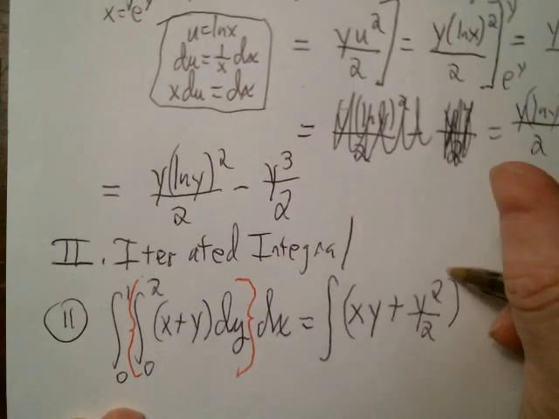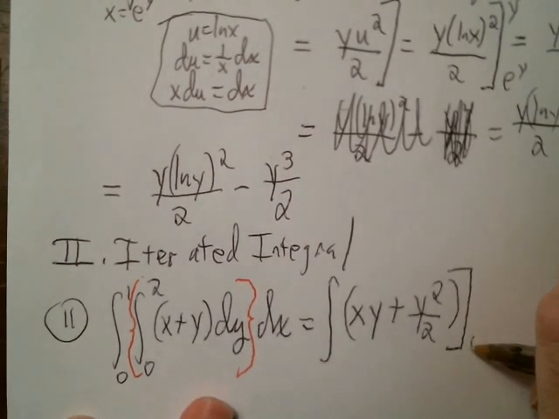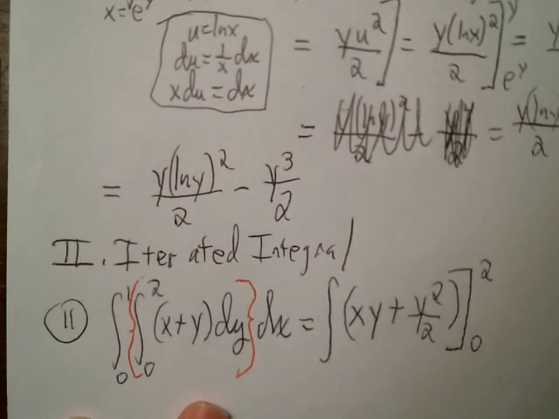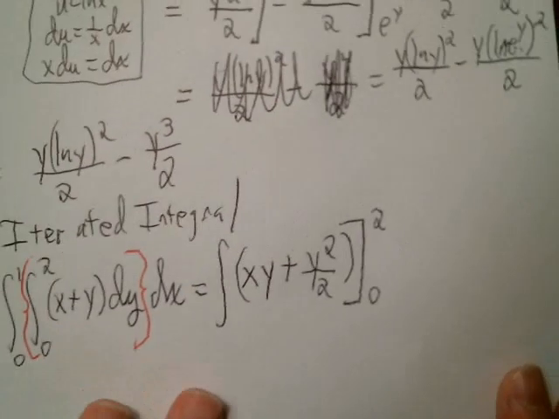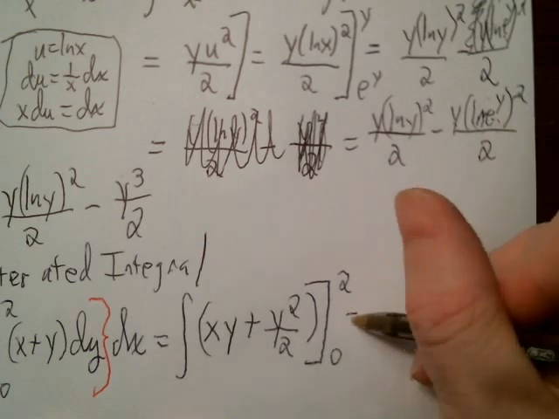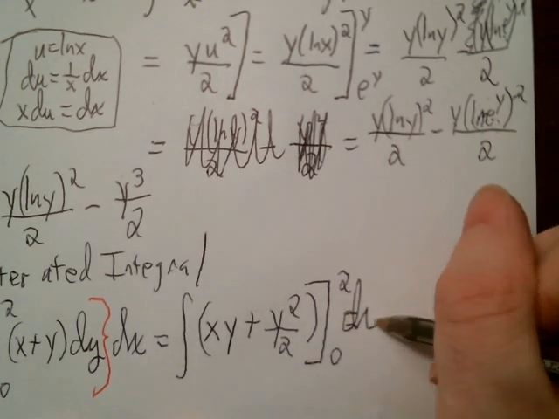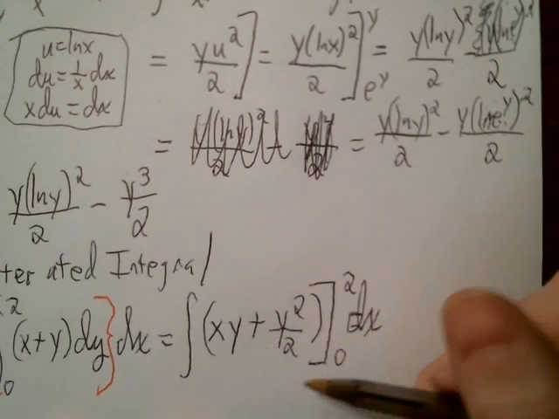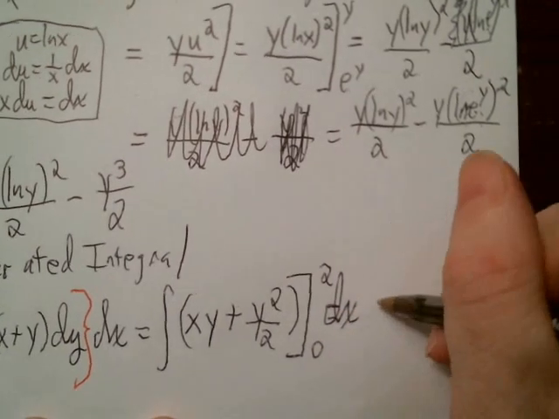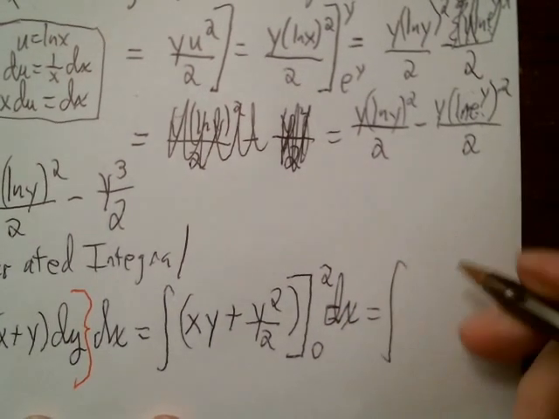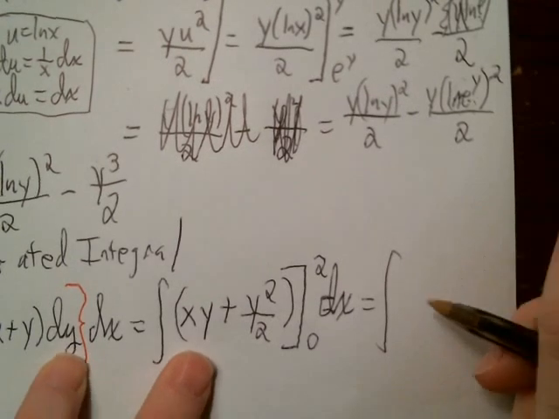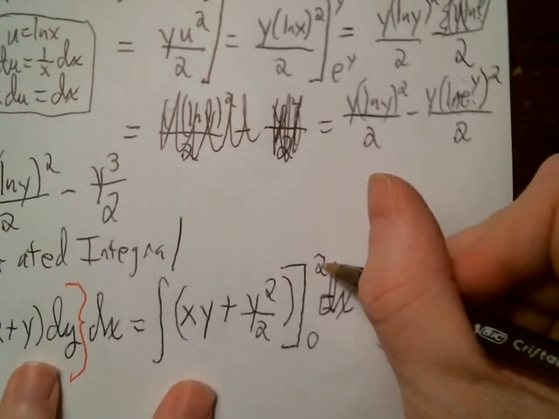And then I have to remind myself to evaluate from y equals 0 to y equals 2. Okay. And then I still have the dx part, so then I'll have to integrate the result with respect to x.